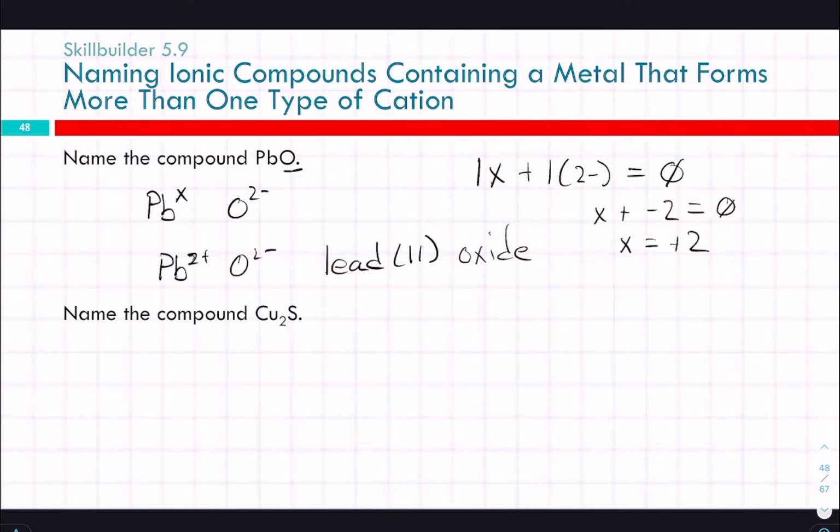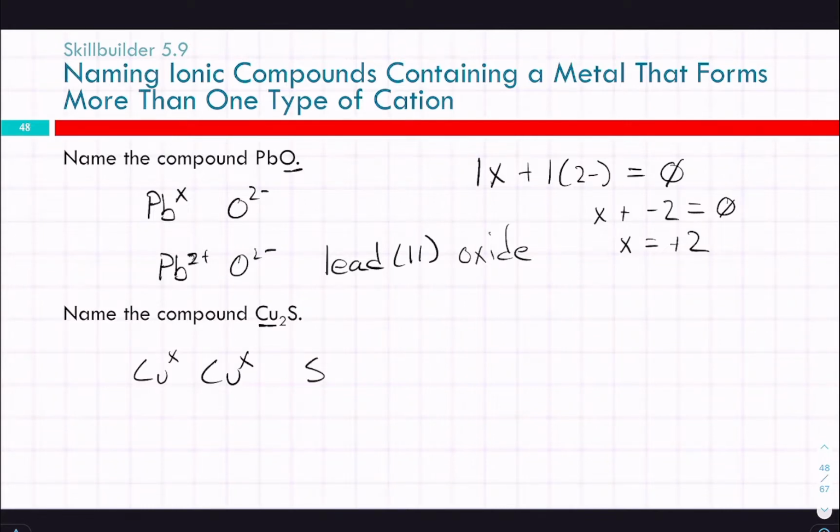So then for copper sulfide, again, checking if the metal is one of the metals that has a constant or consistent charge. It's not. It's over there above silver and gold. So we're going to need to determine what the charge is on that copper. So we're going to have copper, and we're going to have 2 of those copper atoms. Maybe it's easier to think about if you write it out like this. So 2 coppers, each with a charge that we don't know.